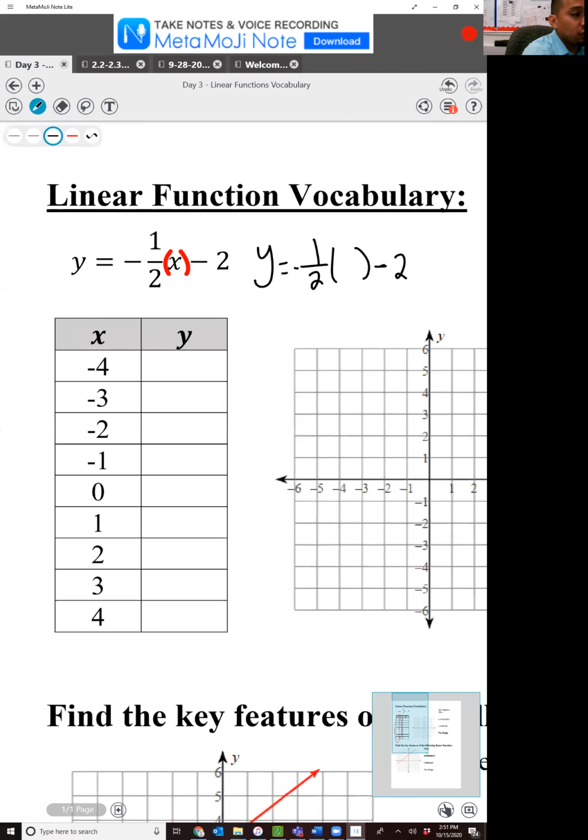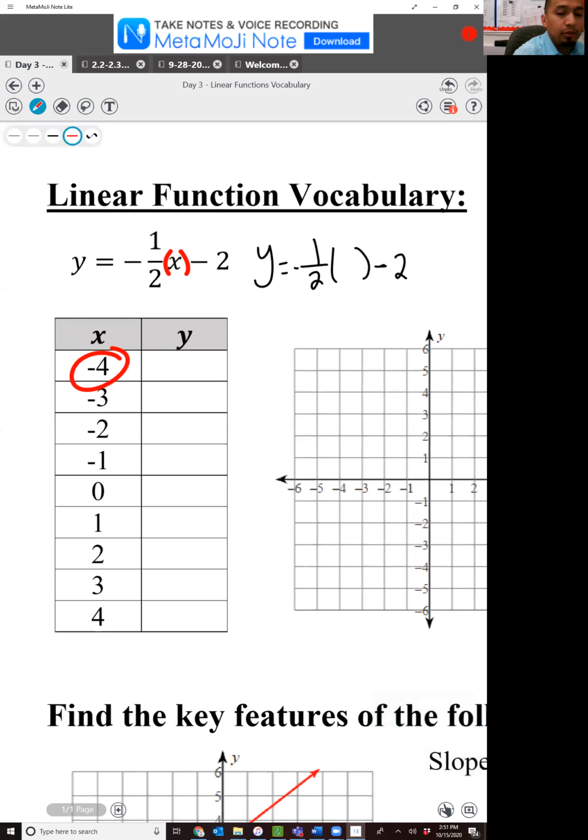Remember that you can do this using the calculator, and basically you're going to input those x values in for x and just get a value. If you put that in the calculator, you should be getting 0. Okay. Go ahead and do the same thing with -3, -2, -1, 0, 1, 2, 3, and 4.